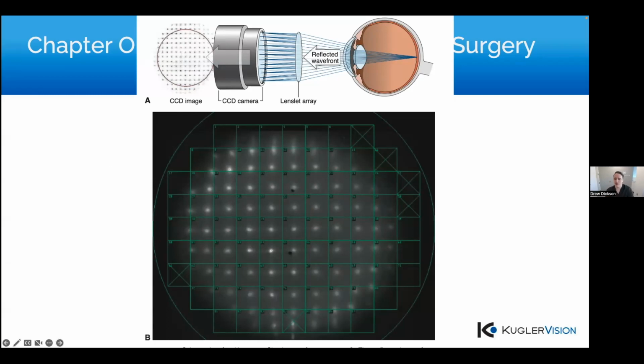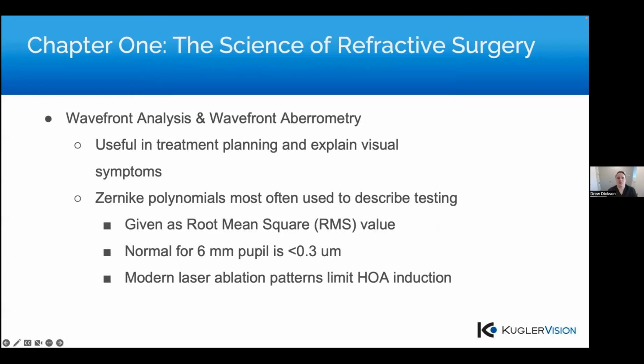Aberrations are typically explained in the form of Zernike polynomials, the mathematical way to describe these, and you're given what's called a root mean square value. We typically consider these values normal if they're less than 0.3.